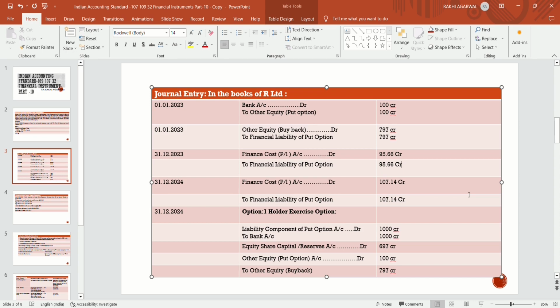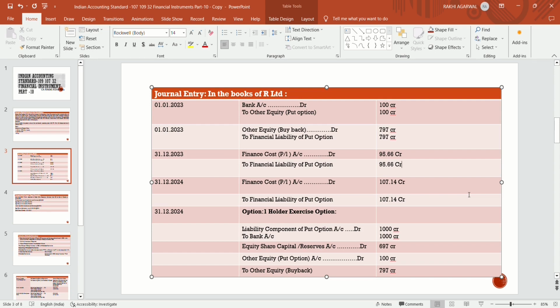Firstly, the liability component of put option, which is 1000 crores, is to be paid. So it becomes settled. The liability component is reversed and is to be paid to K Limited. So it becomes liability component of put option account debit by 1000 crores to bank account.